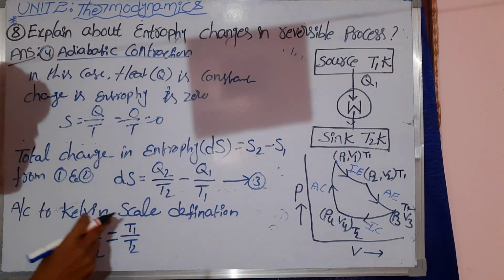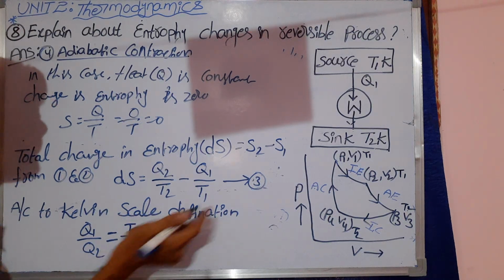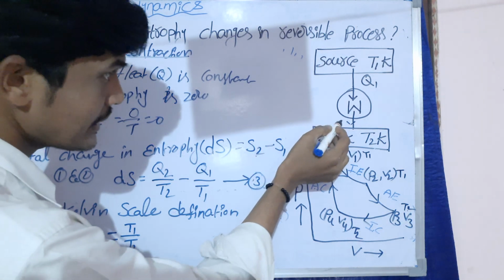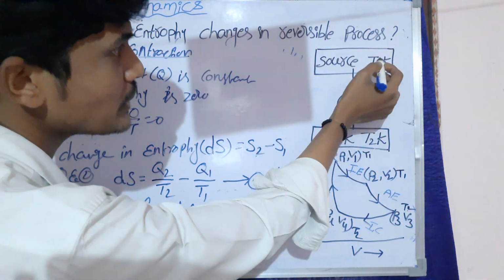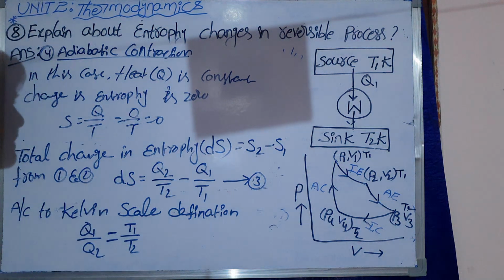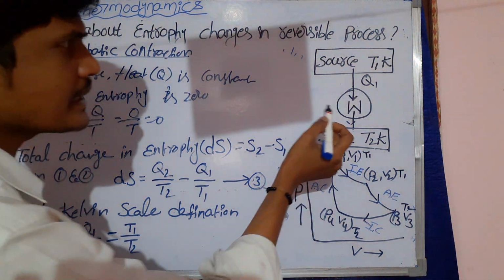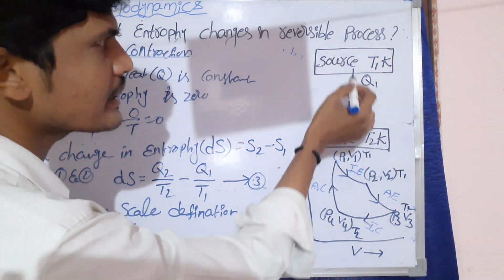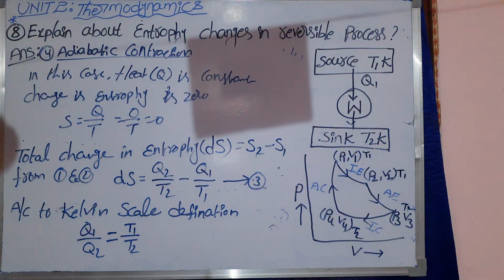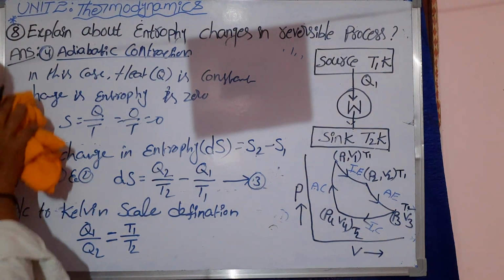The Kelvin scale definition applies to a heat engine working between the two temperatures T1 and T2. This formula is the Kelvin scale definition.